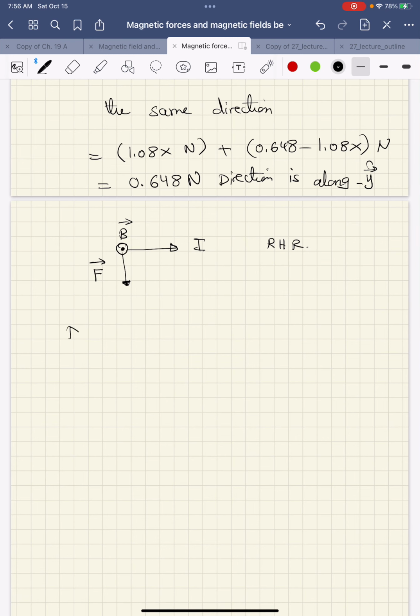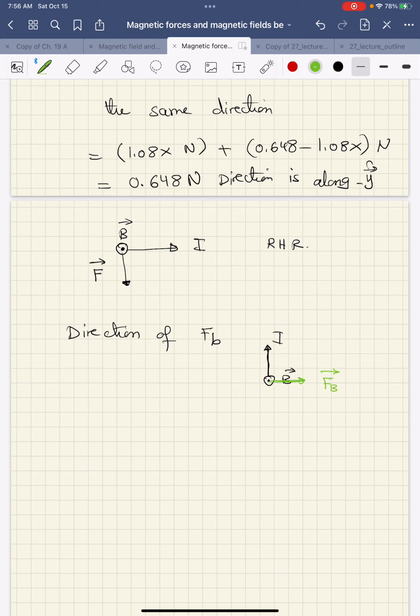Now the remaining one is FB. It has the magnetic field out of the page, and the current is upward like this. Therefore, the force is going to be in this direction.